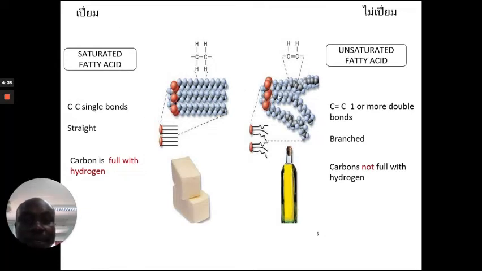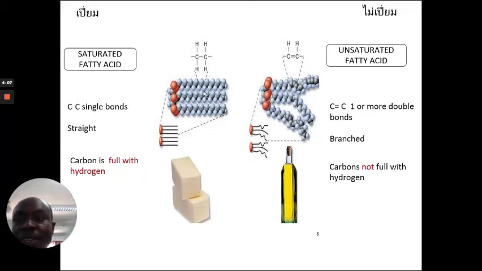Now the third fatty acid is not straight, it has double bonds, and if you look around the carbons of the double bond, it is missing some hydrogen atoms. It is not full with hydrogen, and we call that unsaturated fatty acid. And unsaturated in Thai is yin toa.